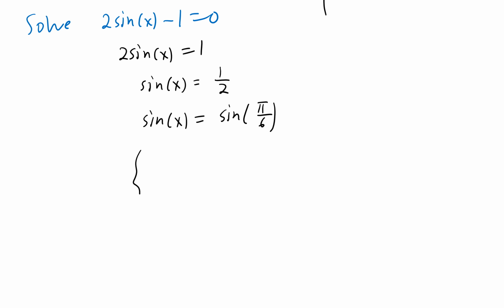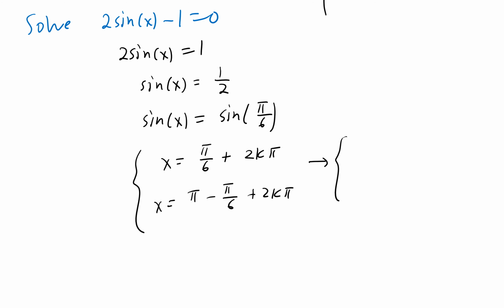And now it looks like sine alpha equals sine beta. So we can move on and solve it. X equals pi over 6 plus 2k pi, using the formula. X equals pi minus pi over 6 plus 2k pi. This can be simplified as x equals pi over 6 plus 2k pi, which stays the same. But the second one, you combine these: 5 pi over 6 plus 2k pi.